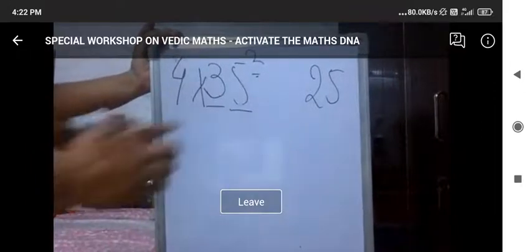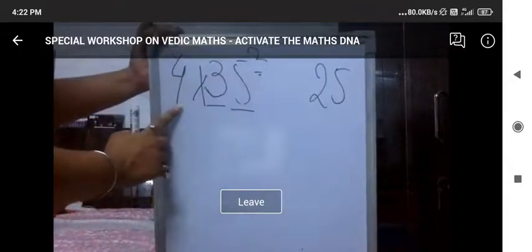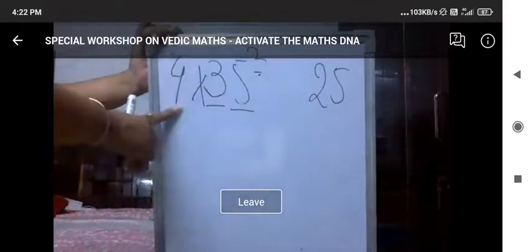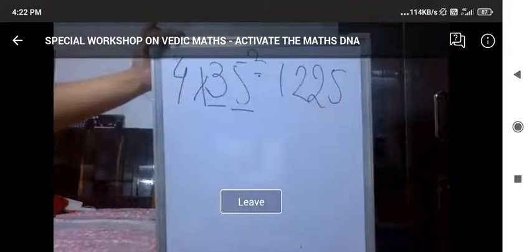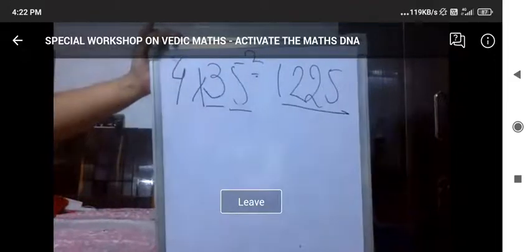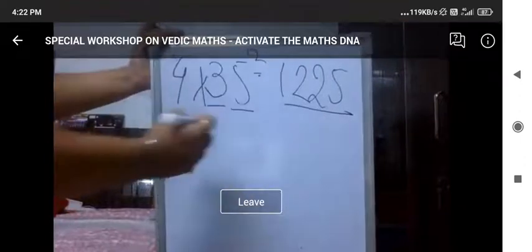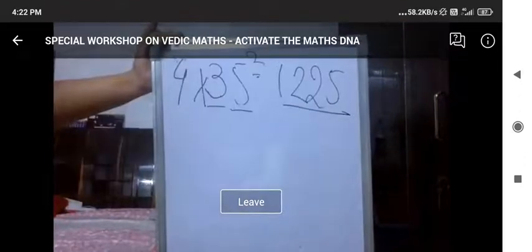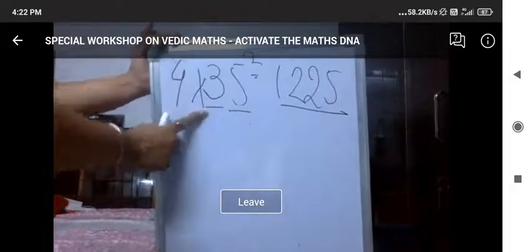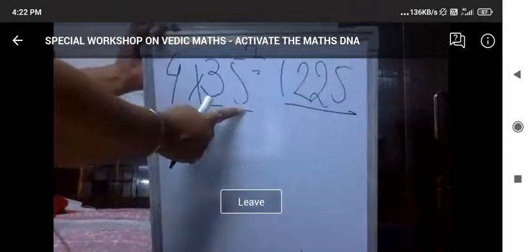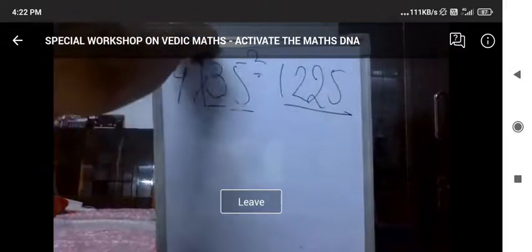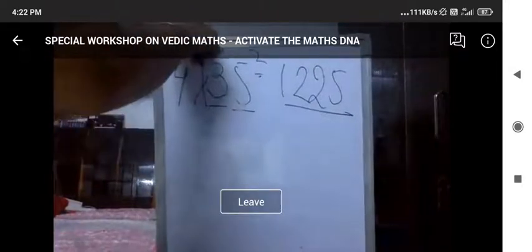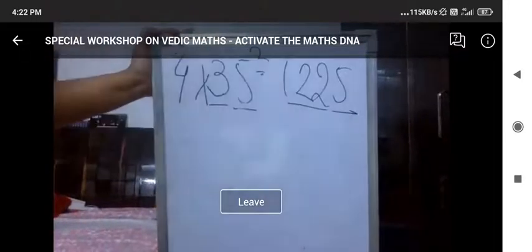So here 3 multiplied by successor 4 will give you 12. I'll place this 12 in front of 25 and get my answer 1225. Isn't that easy? Now you don't have to multiply 35 by 35. You can get this done very easily with the help of this trick. 5 square, 25. 3 multiplied by 4 will give you 12 and you get the answer 1225.